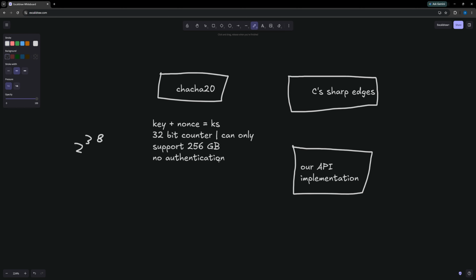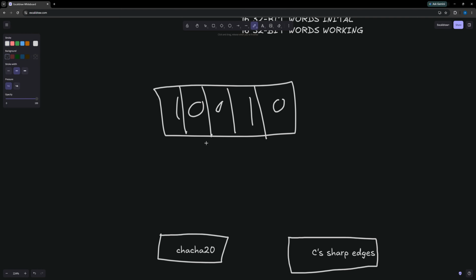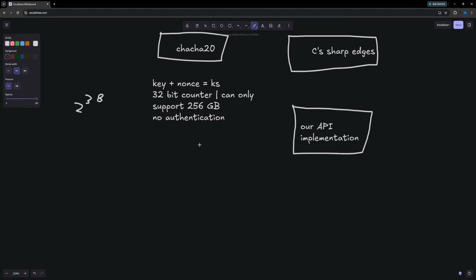ChaCha20 has no native inbuilt support or helping properties for that case. So we would have no idea that that changed. We will get corruption, but we will not actually have any idea that that changed. So we need some kind of authentication, which is why we're moving towards the XChaCha20-Poly1305. But for the ChaCha20 cipher itself, there is no authentication.